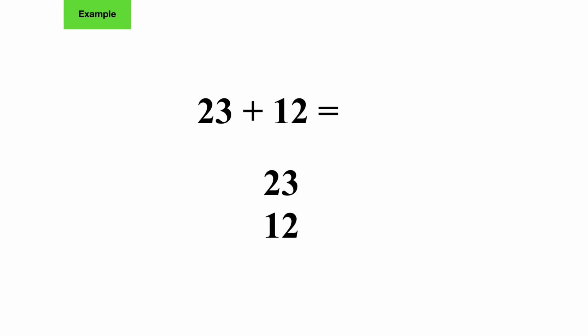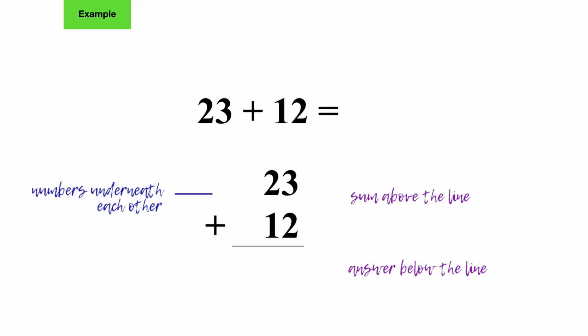So we are instructed to place our numbers underneath each other, 23 and 12. We are going to add them together to get an answer, and we usually write the answer below the line just to show that the sum was at the top and the answer is at the bottom.